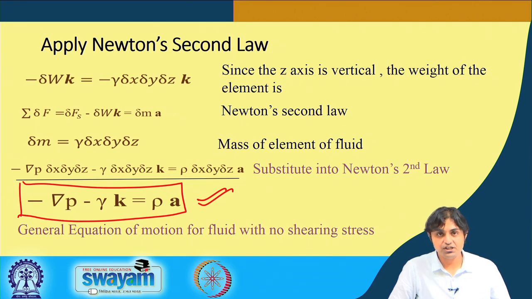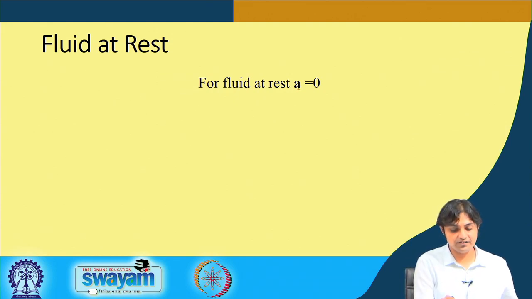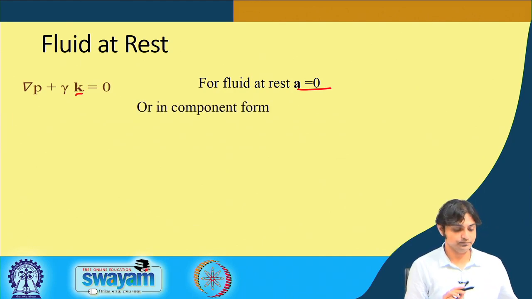One of the special cases is when the fluid is at rest, right. So in case of fluid at rest, the acceleration should be 0, and if we put A is equal to 0 in the previous equation, we can get delta P plus gamma K is equal to 0.